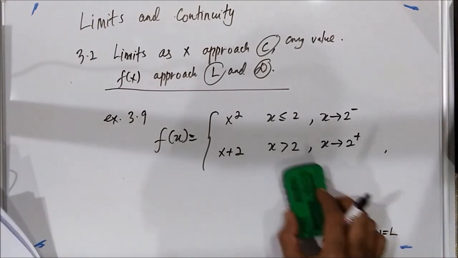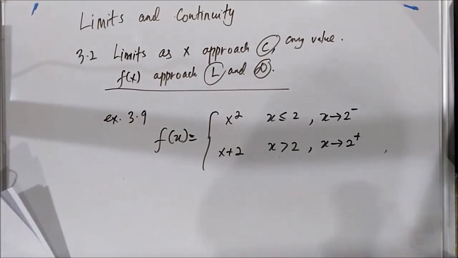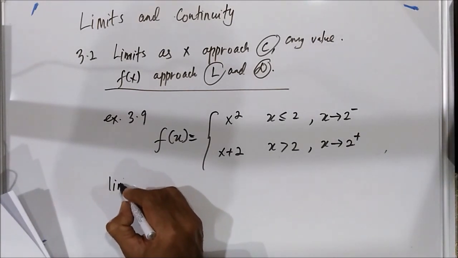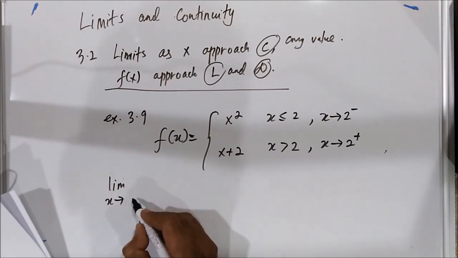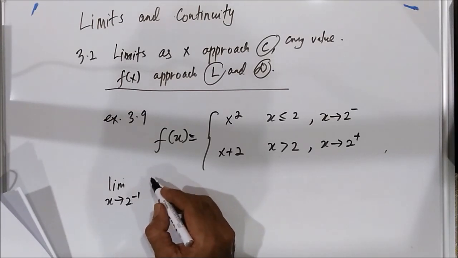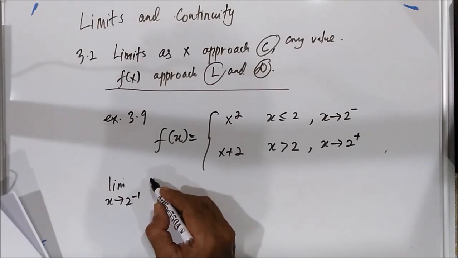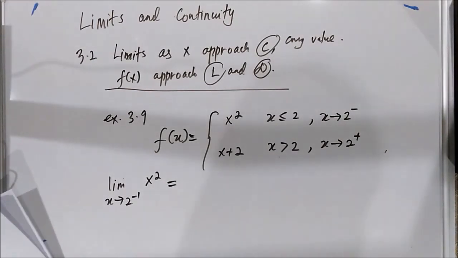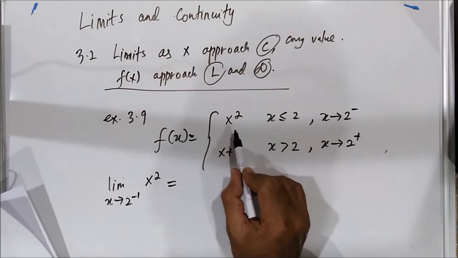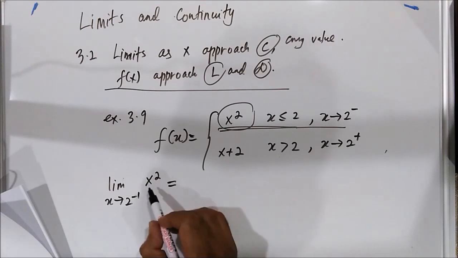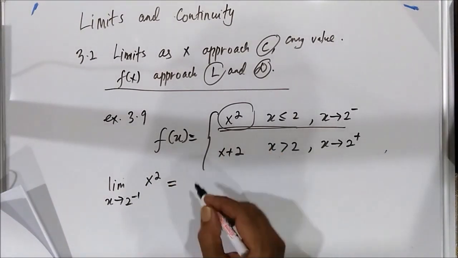Now, by looking at this example, first I want to find the limit as x approaches 2 from the negative direction of f(x). So our function here is x raised to 2. Because of the negative direction, we just substitute x equal to 2 into this function.